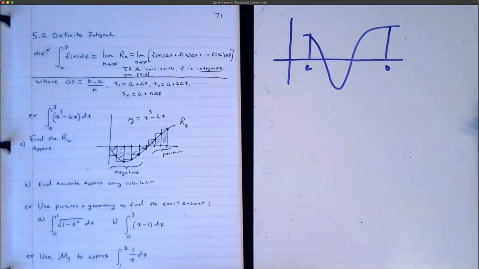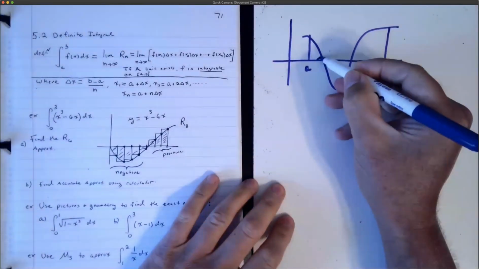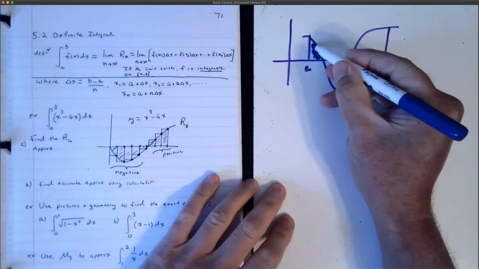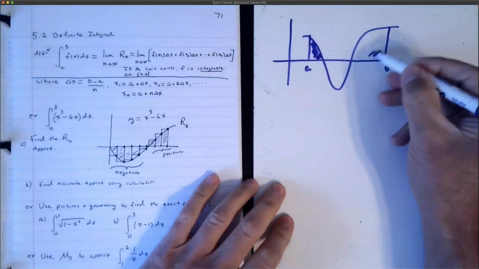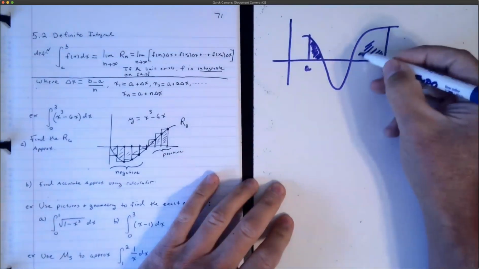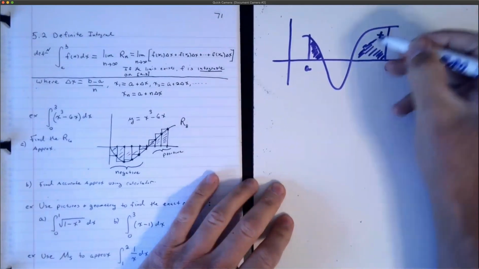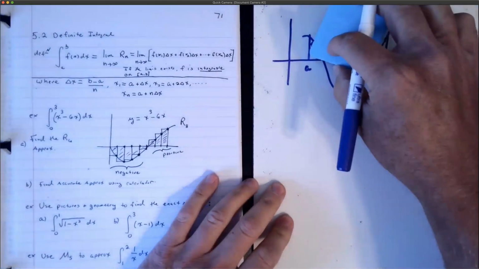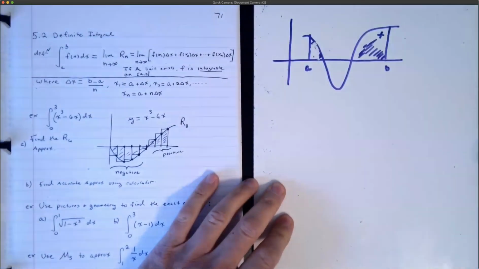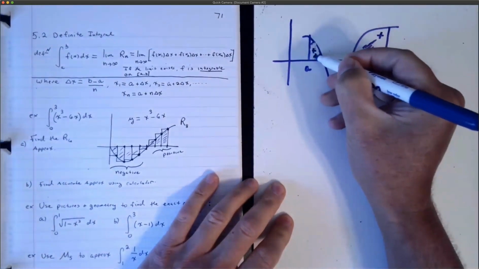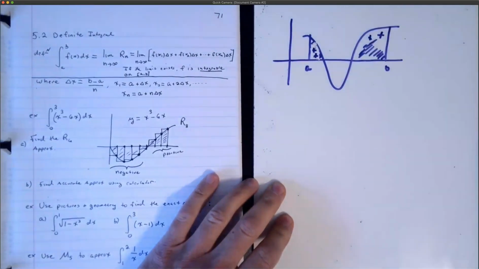Then we learned previously that we can calculate the area underneath a curve, at least a curve that's above the x-axis, with a Riemann sum, right? So the area above the x-axis is considered positive area.